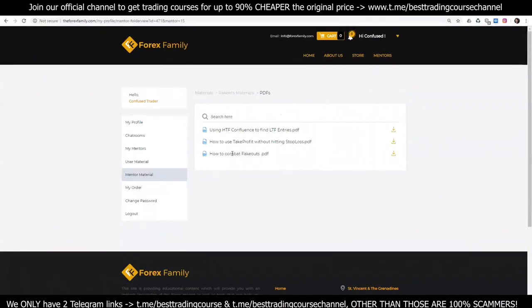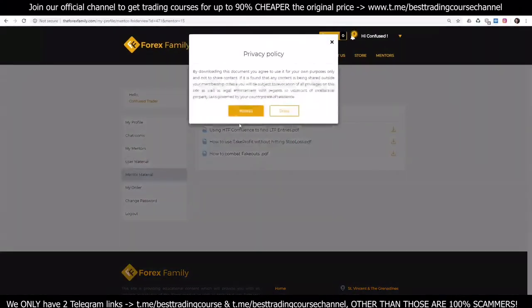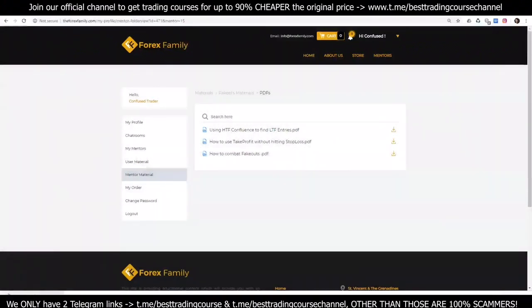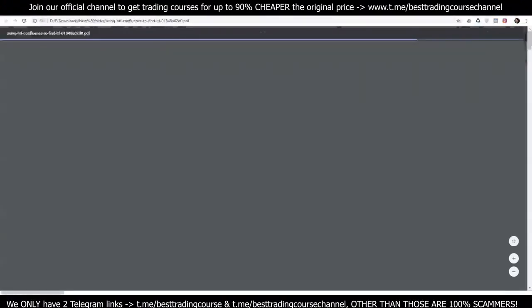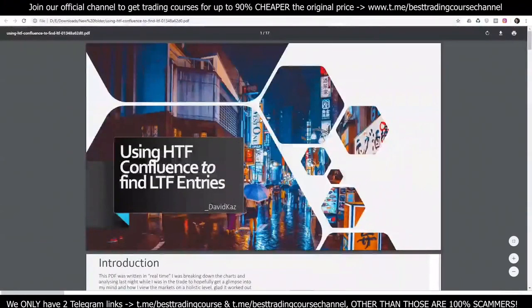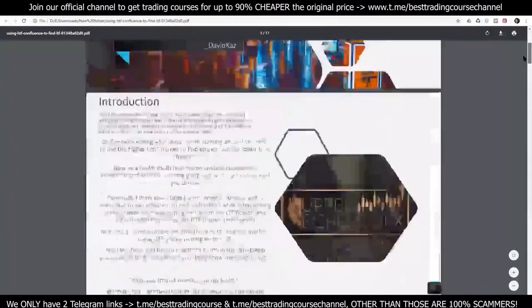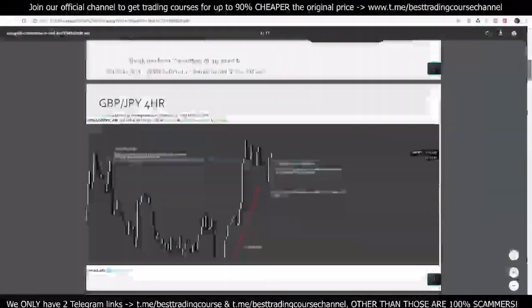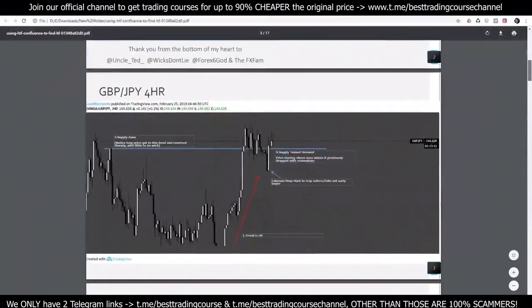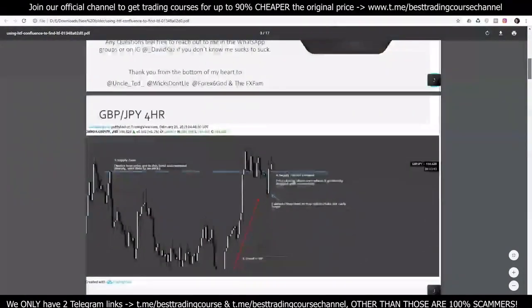Oh yeah, right there. How to combat fake outs. Using high time frame confluence to find lower time frame entries. What's this? Oh, what's this PDF here? Oh, okay. Achirapalon. Yeah, this is a good friend of mine. He wrote this PDF.